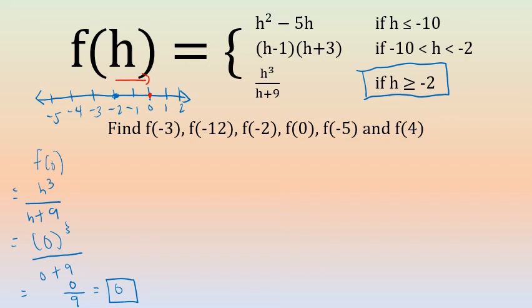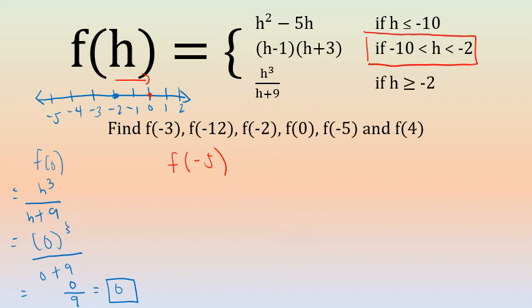Okay? Next, what about f at negative 5? Okay. So, saan si negative 5? Anong interval dito? First, second, or third interval? So, to answer, negative 5 is in between negative 10 and negative 2.